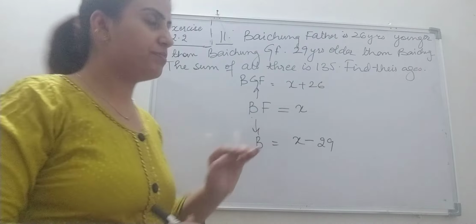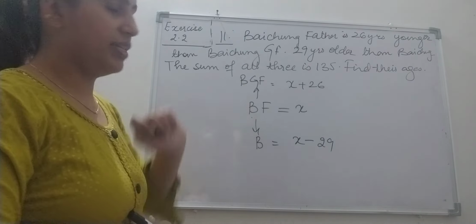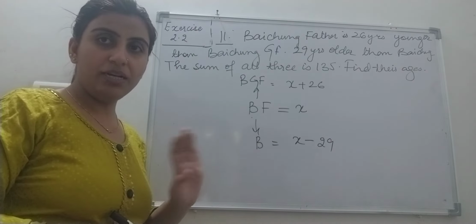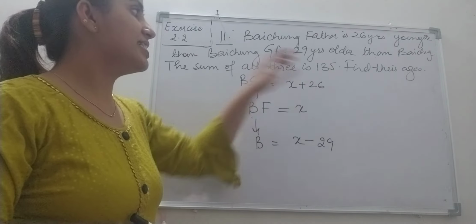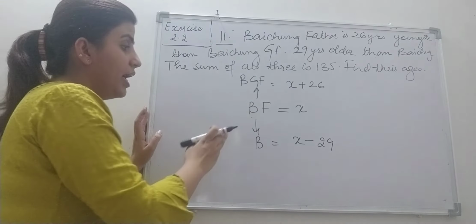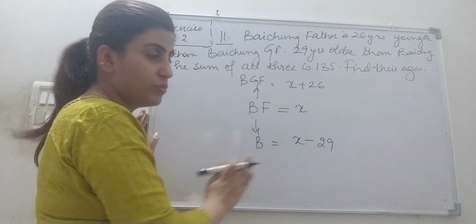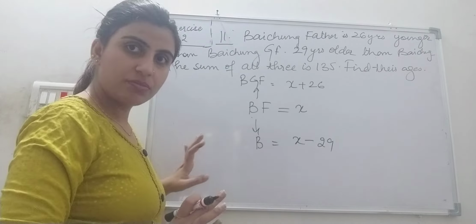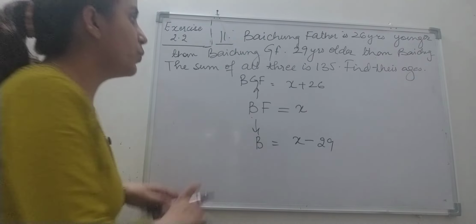I am repeating again: grandfather's and Bachung's ages are dependent on father's age, so I have taken father's age as x. Clear? Understood? Now with the help of these, we are going to form the equation.